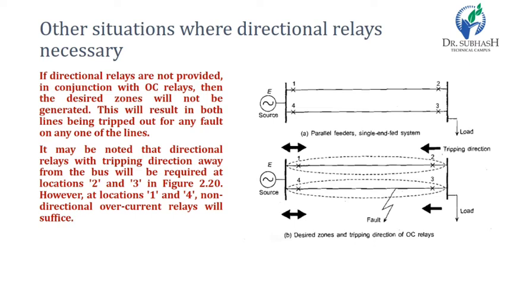But when a fault occurs on the second line, the desired operation is that 4 and 3 have to trip, but where the fault occurs, the current chooses the alternative path and flows from this side.